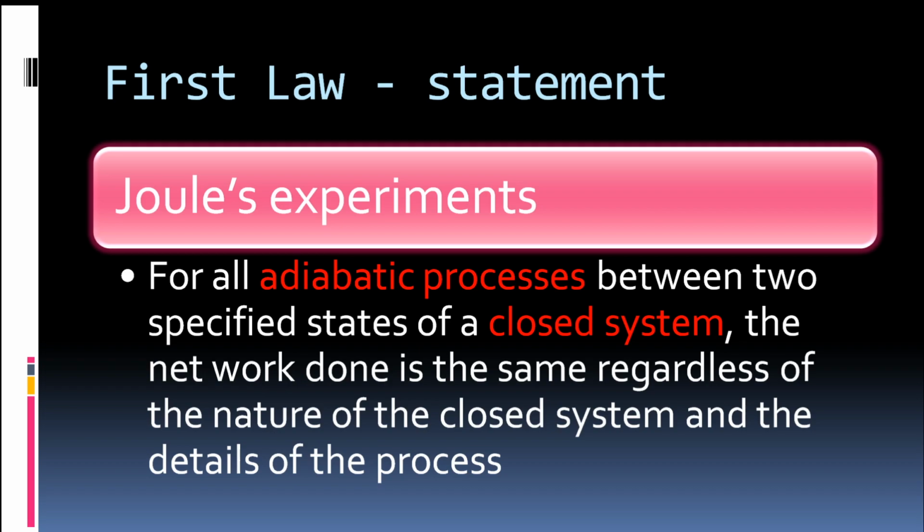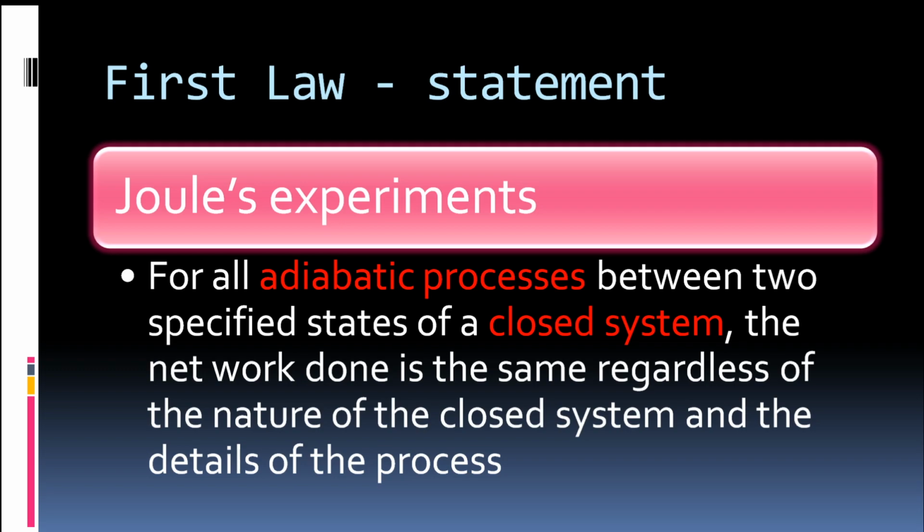So there is no energy transfer as heat, only work. There is no mass transfer. That is what is meant by a closed system. So for any adiabatic process taking place in a closed system between two states, initial and final, the net work done is the same regardless of the nature of the closed system and the details of the process.